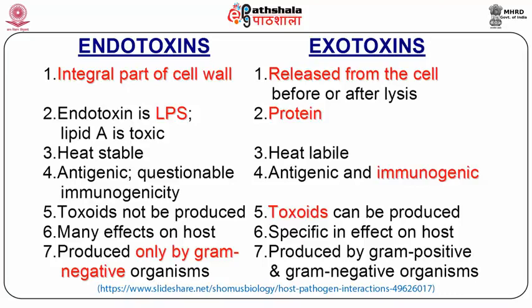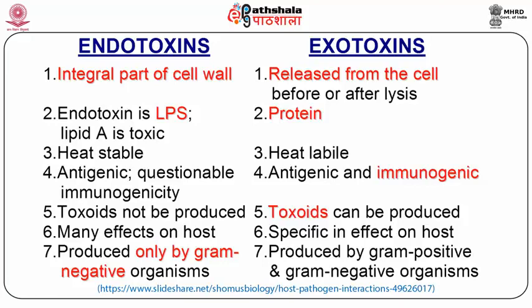The antigenicity of endotoxin is questionable, so a sufficient immune response is not generated against endotoxins, whereas exotoxins exhibit antigenic and immunogenic properties. That's why toxoids cannot be produced from endotoxin, but toxoids can be produced from exotoxin.